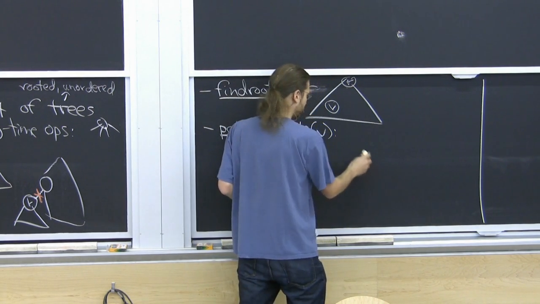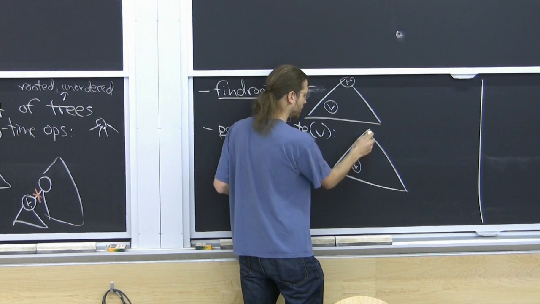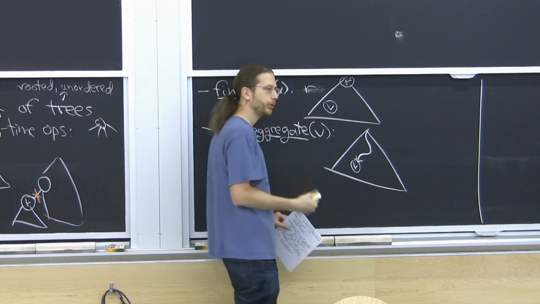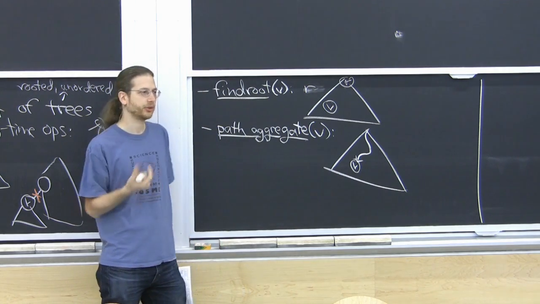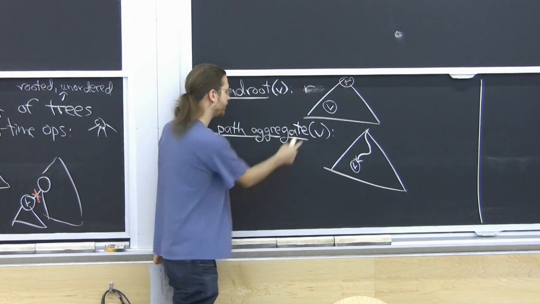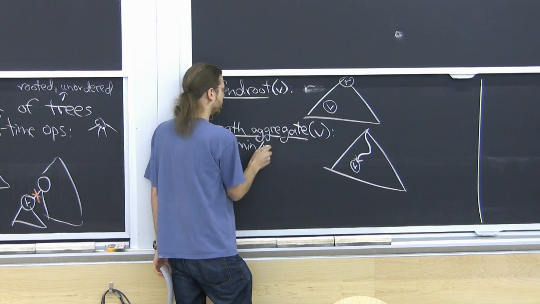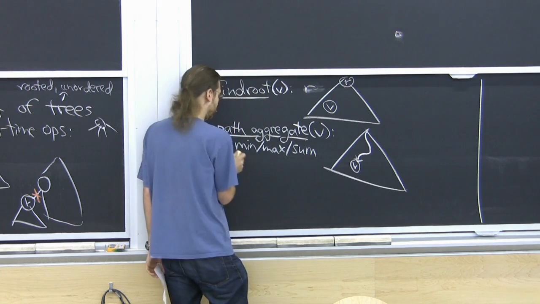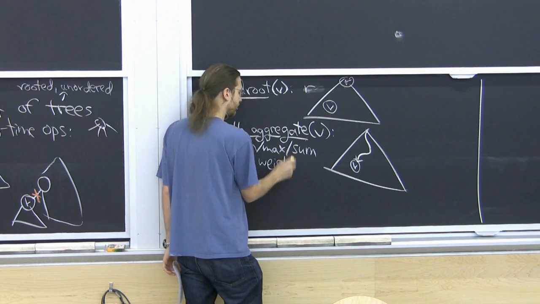Let's suppose you have a tree, you have a vertex v. There's a root to v path. And let's suppose that every node or every edge, doesn't matter, has a weight on it, just some real number. Then path aggregation can do things like the min, or the max, or the sum, or the product, or whatever, of weights on that path.